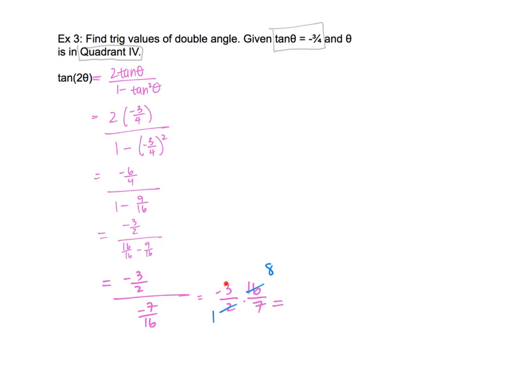And so I can multiply this straight across. So -3 times 8 gives me -24/7. And I think I can't really reduce this anymore, so this is my final answer. And that's it. So we've kind of done each of these trig double angle identities. So I hope that helps out with the notes.